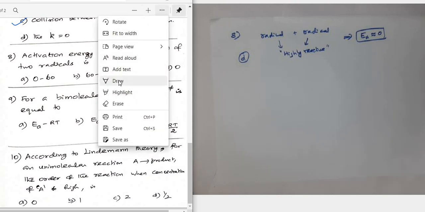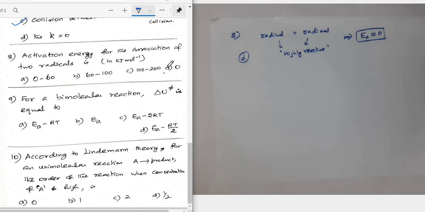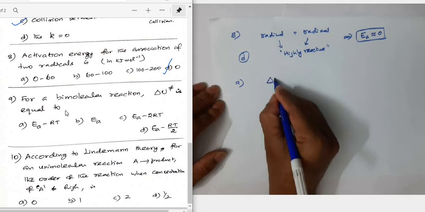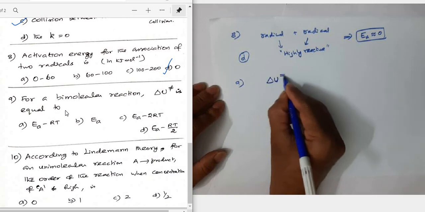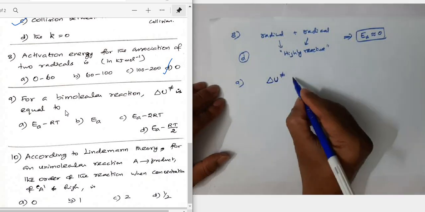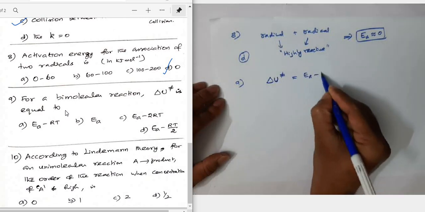Then next, question number 9. For a bimolecular reaction, delta U double dagger is equal to, that is, the change in internal energy of activation. The change in internal energy of activation is given as EA minus RT.